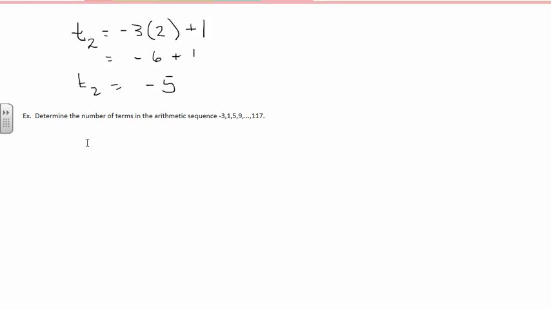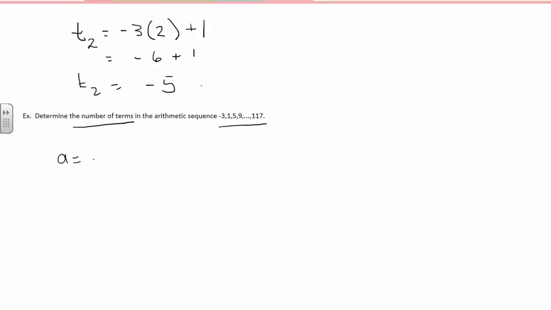Okay, here's our last example, and it's just sort of an extension of what we just learned above. So now what it's asking us to do is determine the number of terms. How many terms are there in this sequence that goes from negative 3 all the way to 117? So the first thing that we want to do is get organized.